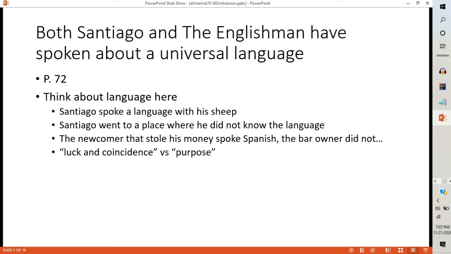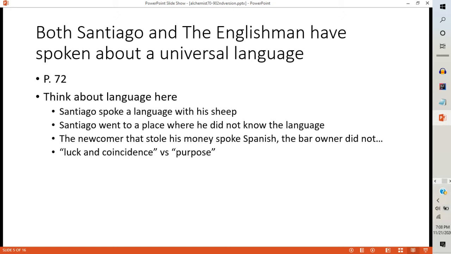He thinks the bar owner is the bad guy here, trying to take his money. And the newcomer uses the common language. The newcomer knew Spanish. He uses that common language to seduce Santiago into trust. A lot at work here with this universal language.